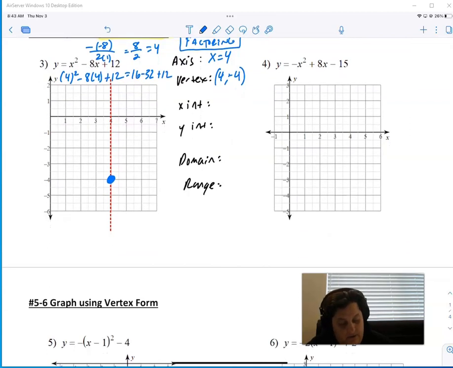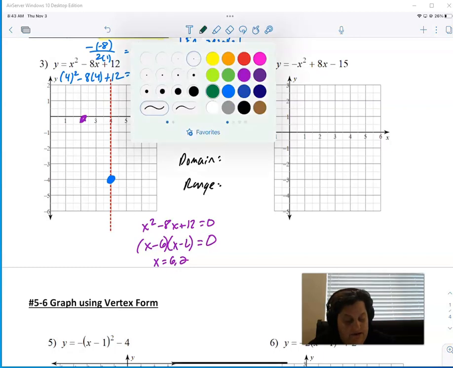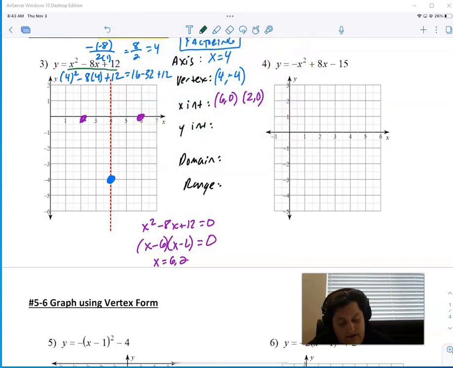If I set this equal to 0, x squared minus 8x plus 12 equals 0, I factor it, and remember you take the opposites for my x-intercepts: 6 and 2. I can write that as 6, 0 and 2, 0. And then for my y-intercept, I just plug in 0 to here. 0 squared minus 8 times 0, plus 12, gives me a y-intercept of 12.